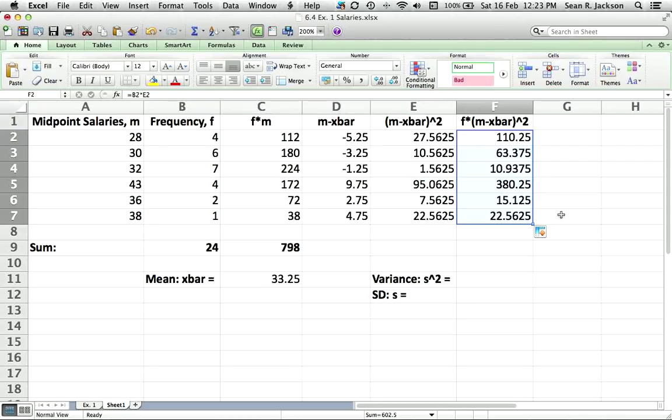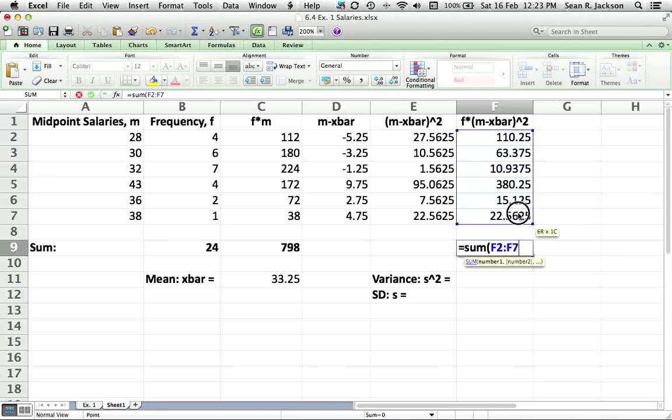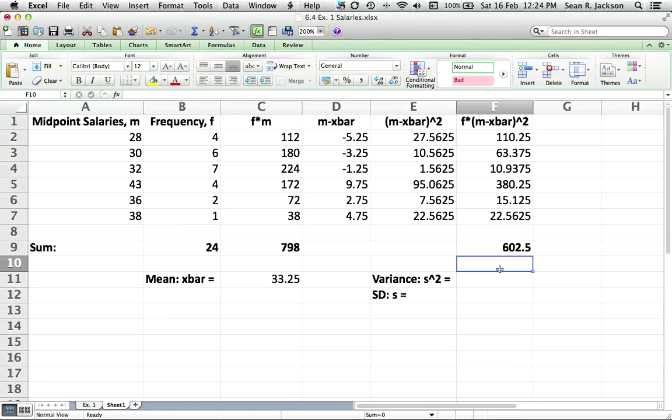So we need to just make sure that we're saying 4 of those, 6 of those, 7 of those, 4 of those, 2 of those, and 1 of those, and now we sum that. So the sum of the frequency times the square deviations for each midpoint is going to be the numerator of our grouped variance formula.